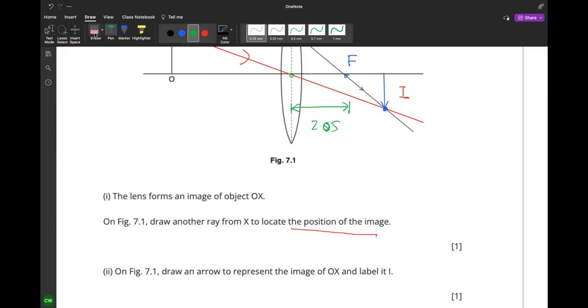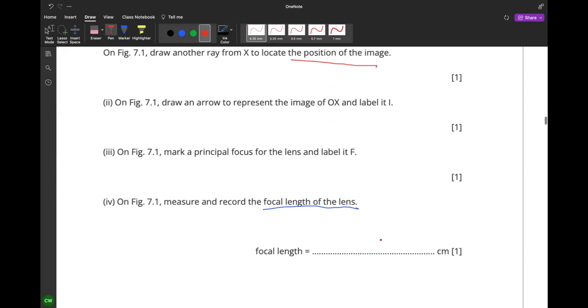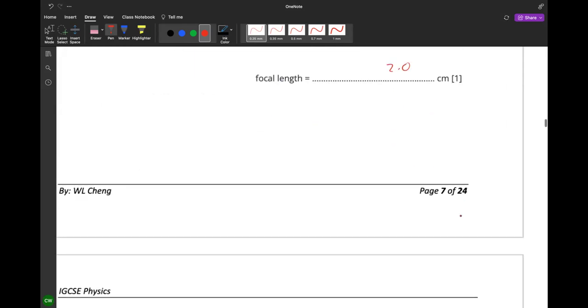Okay, 2.0 until here. Okay, done already. 2.0. Okay, good.